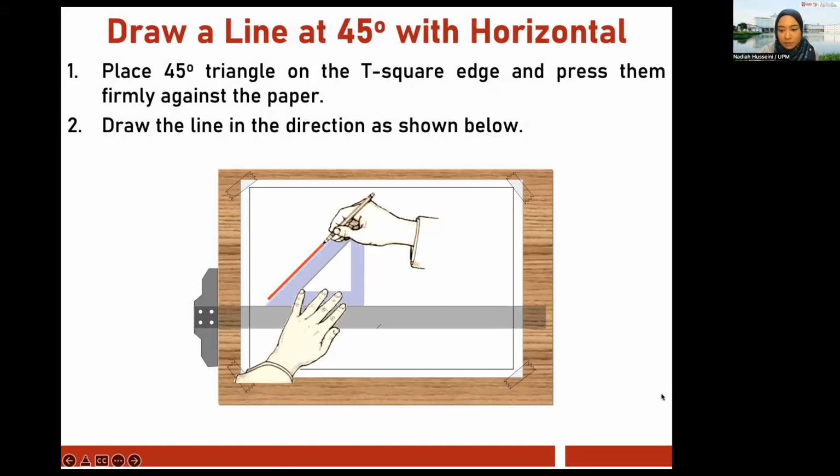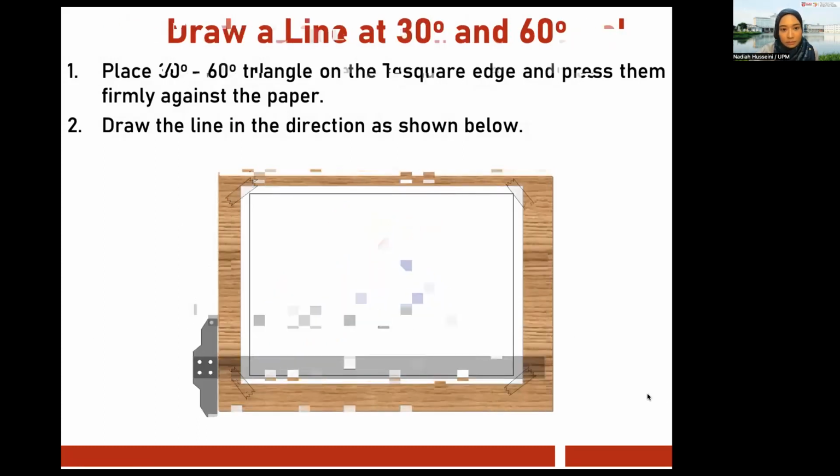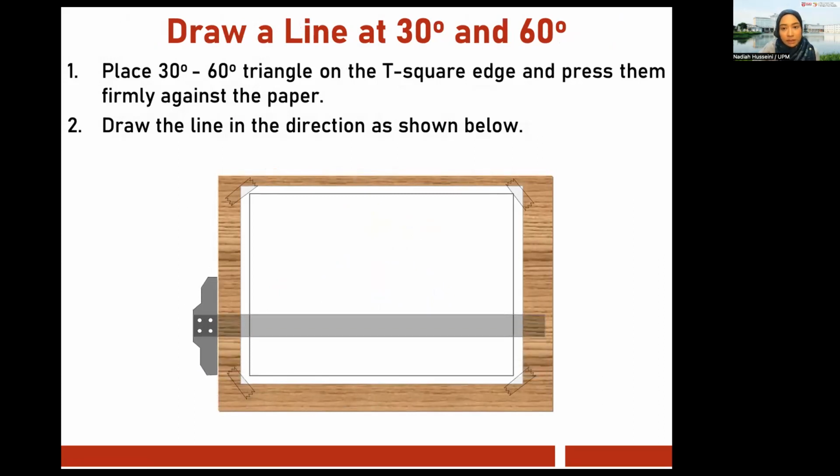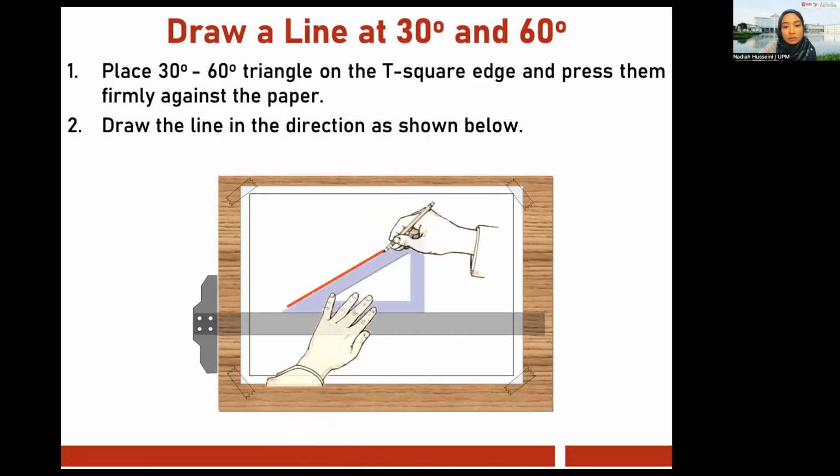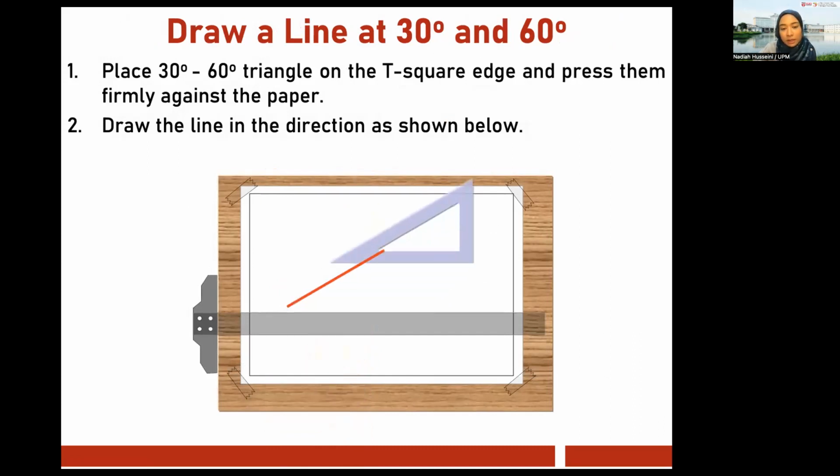So we have covered this one. Draw a line at 30 and 60 degrees. Place 30-60 triangle on the T-square edge. Okay, same case over here, and press them firmly against the paper. I hope you can distinguish which one is 30 and which one is 60.